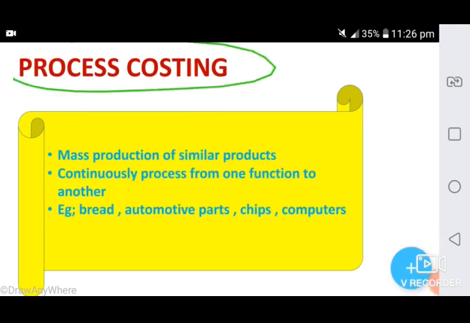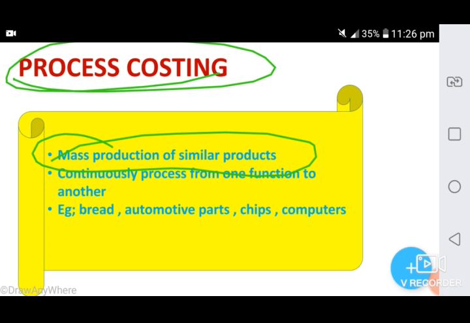Next one is process costing. It is used when there is a mass production of similar products. They continuously process their product, moving it from one function to the next until it is completed.